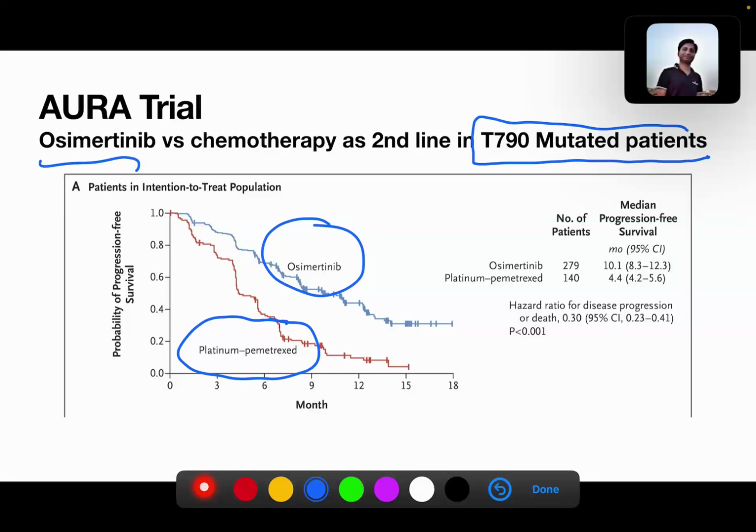What it found was that post progression on first or second generation TKIs in patients with a T790M mutation, osimertinib had a PFS benefit over platinum-pemetrexed. So that's how osimertinib was first introduced in the second line setting, post progression of first and second generation TKIs in patients who had T790M mutation.